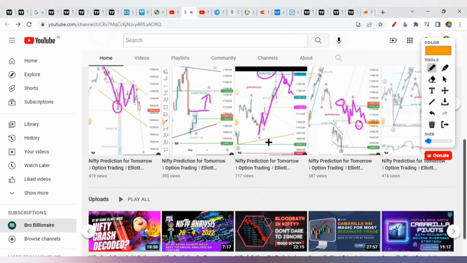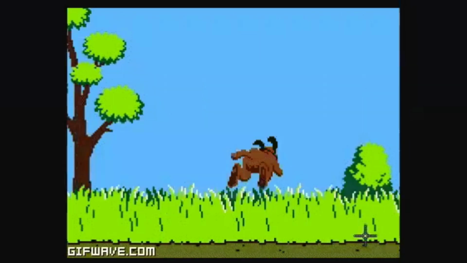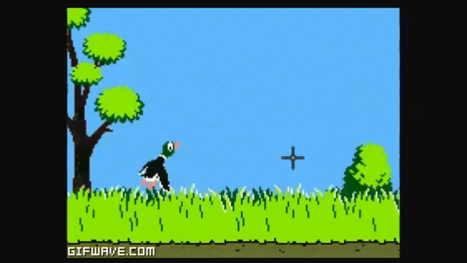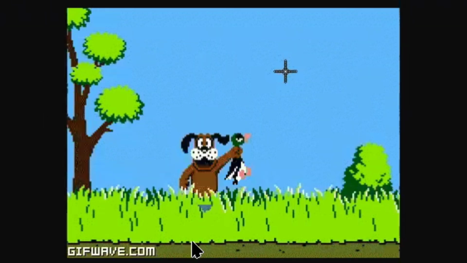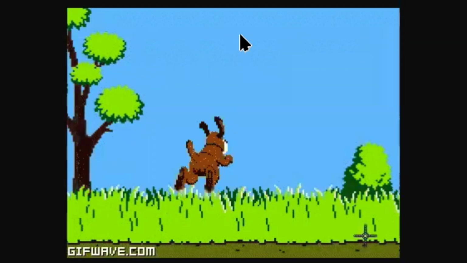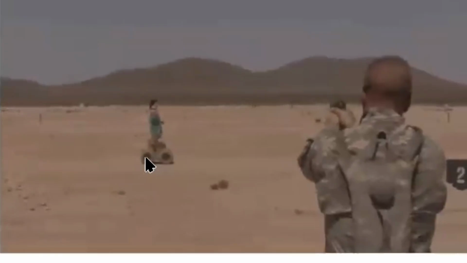Without wasting much time, I want to quickly give you one idea for this video. If you remember your childhood games, Duck Hunt was one of them. Here you can see the guy shooting the target, which is a duck that is flying. Another image is like this: a soldier shooting down a moving target.